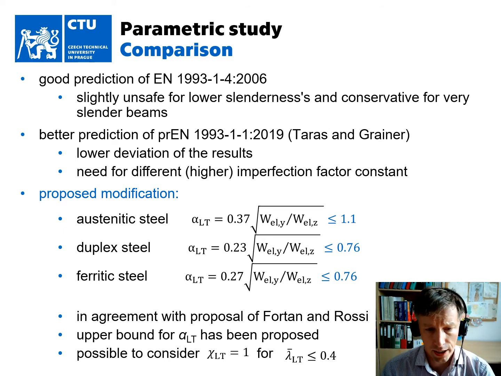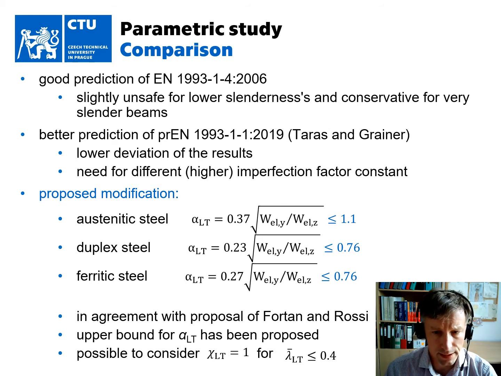Finally, we were able to confirm the recommendation of Fortan and Rossi regarding the constant in the imperfection factor. Additionally, we were also able to set an upper bound value for this factor, different for austenitic steel, where the nonlinearity of the stress strain diagram is higher, and a different one for duplexes and ferritic steel grades.